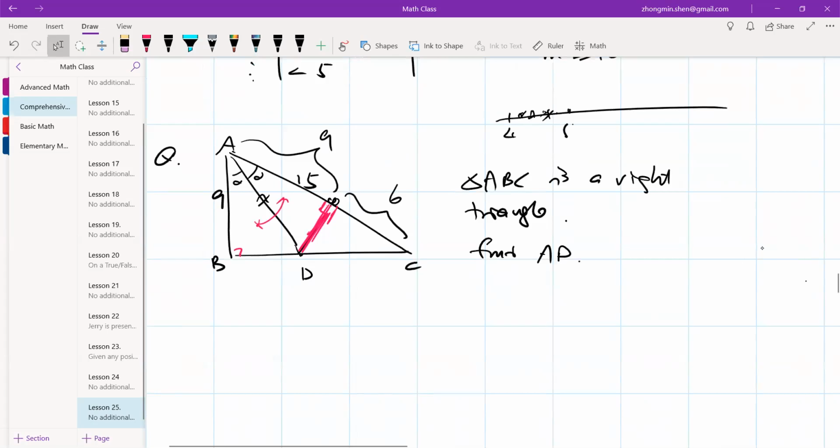We have to use that, right? BC is going to be the square root of 15 squared minus 9 squared, which is going to be 12.